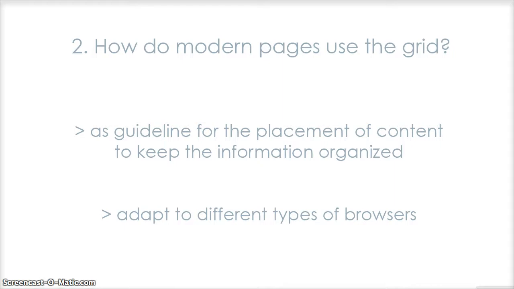For example, if I'm looking at a website on my computer, and then I switch over to an iPhone or an iPad or something that has a smaller screen, it's going to adapt to conform to the smaller browsers and be visible and just as nice and organized on that as well.